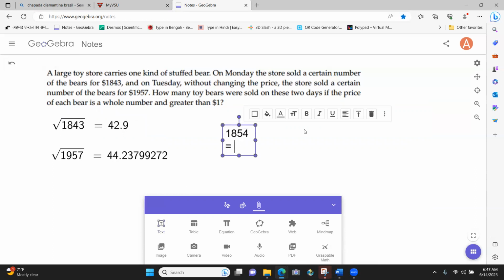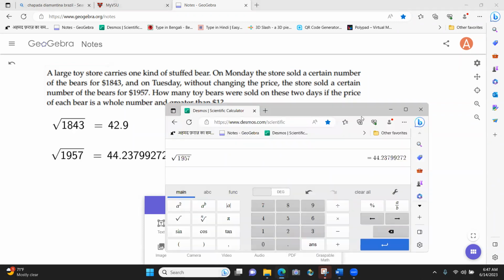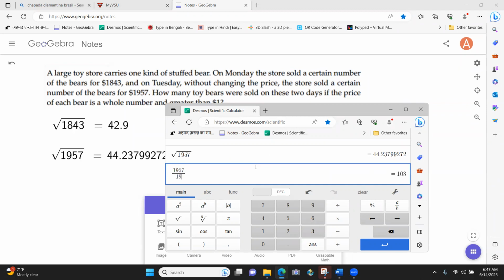We just did the test a second ago, and we can write 1843 as a product of 19 times, I believe it was 97. I'm going to go back and check again, okay? It's a tiny problem, but it is a little time consuming. And 1957 is also divisible by 19, guys. If you check it, you're going to see, and you get 103.